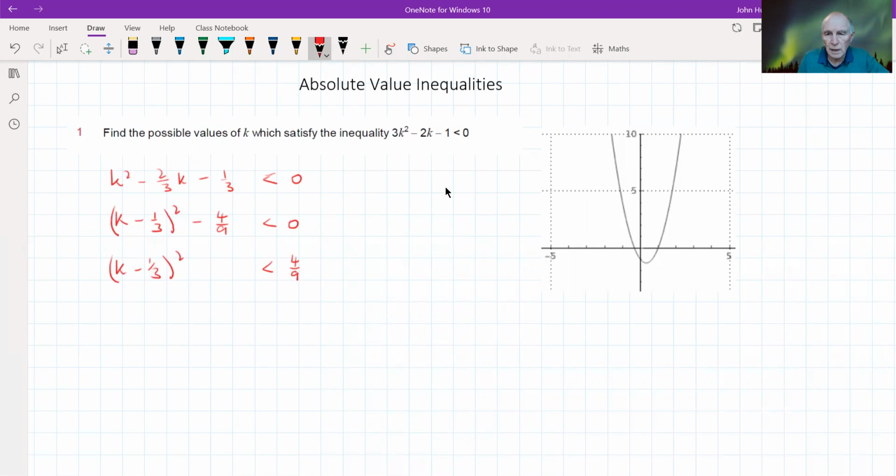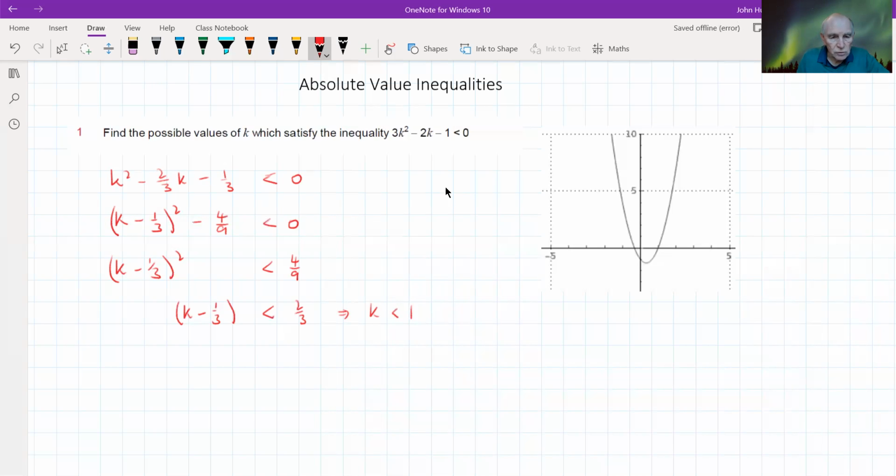Now we have to be a little bit careful here, because it depends whether we take the positive square root or the negative square root. If we take the positive square root, then we get k minus 1/3 is less than 2/3, and that's going to give us a solution of k is less than 1.